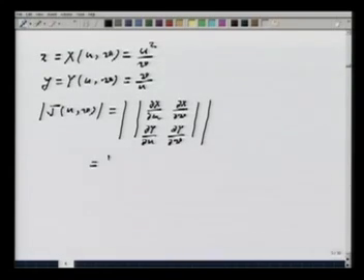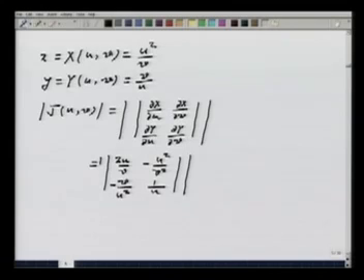So it is modulus of, now I can calculate what is del x del u, that means the partial derivative of this, that means twice u by v, then del x del v is minus u square by v square. Then the second function, I have to differentiate with respect to u, so it is minus v by u square. Then I differentiate with respect to v, then I get 1 by u. Then I have a modulus.